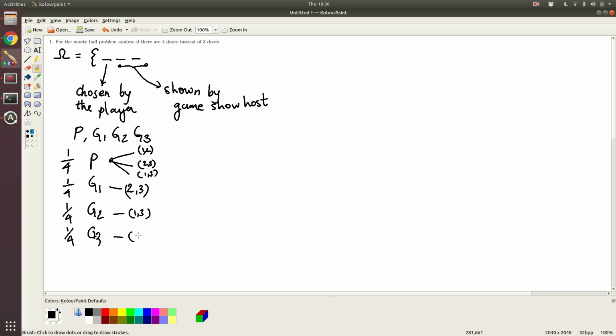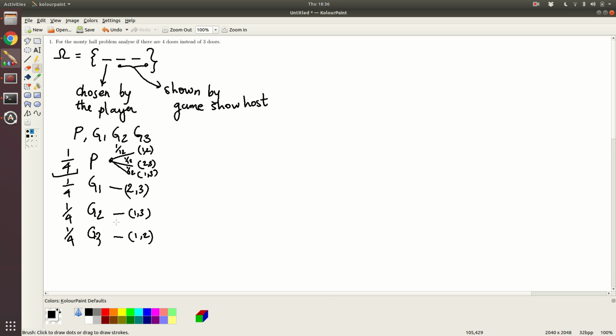All these things immediately happen, and 1/4 is this probability, and amongst that 1/4 you take a third of 1/4. So this is 1/12, 1/12, 1/12, 1/12. So this is all the different ways in which we can write omega. I am not writing it, but you can see it will be P, G1, G2, P, like this. And the probability of this happening is 1/4, 1/4, 1/4.